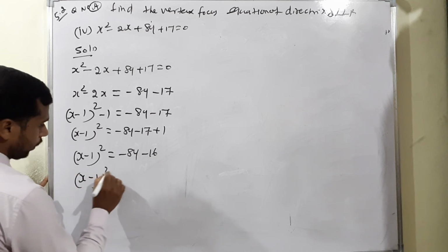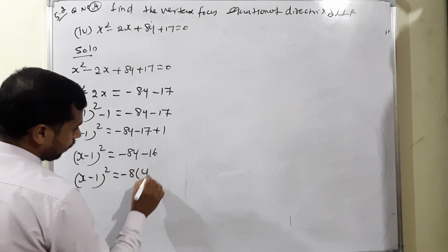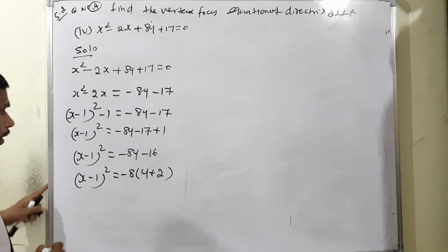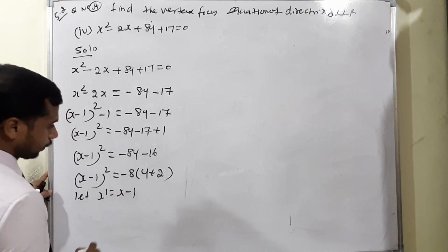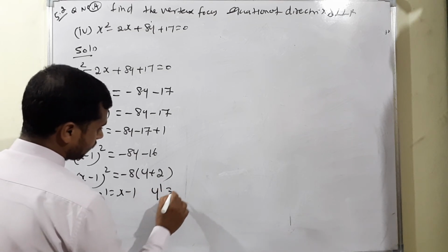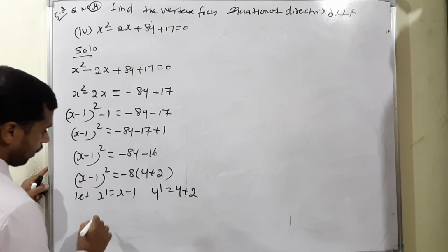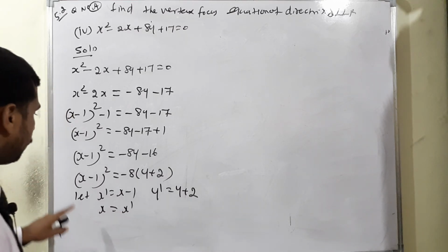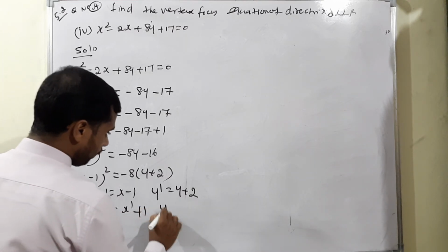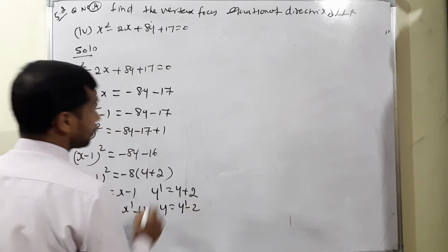Again x minus 1 the whole square is equal to minus 8, take common outside, y plus 2. Now we can consider x dash for x minus 1 as well as y dash for y plus 2. Therefore we can write x is equal to x dash plus 1, then y is equal to y dash minus 2.